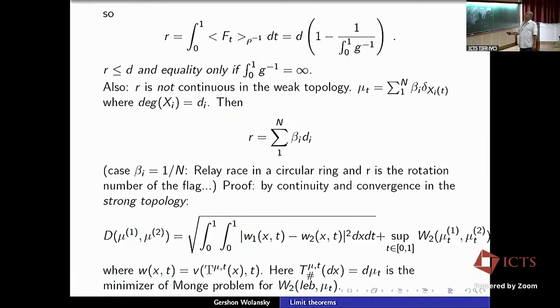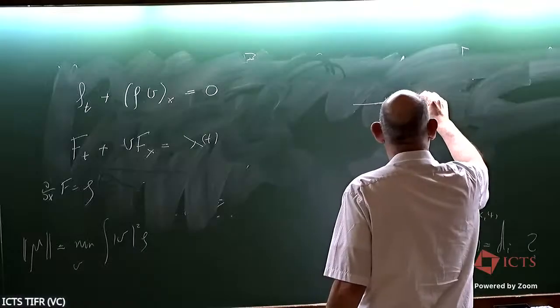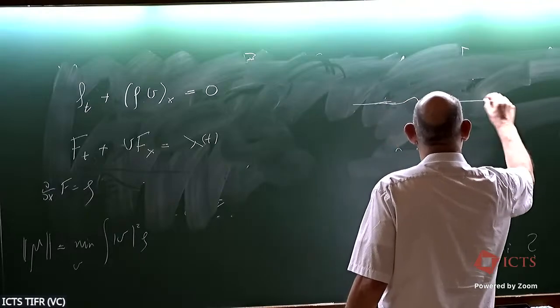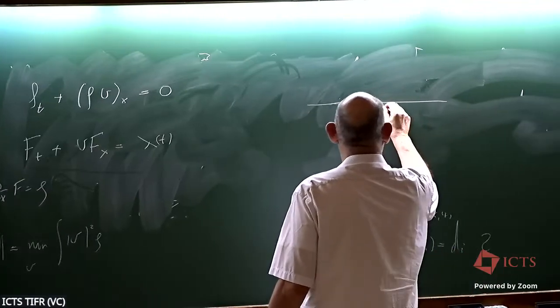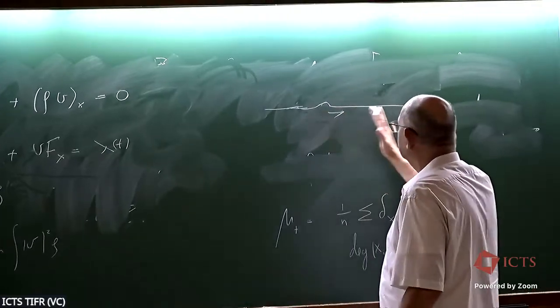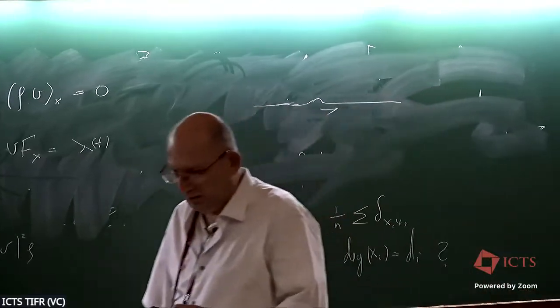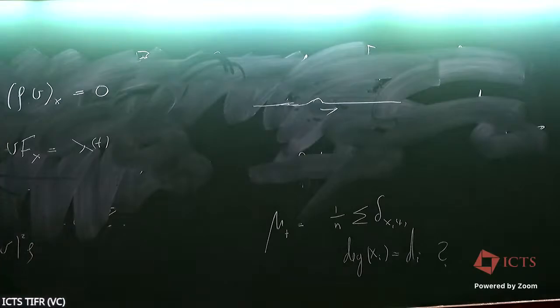So you see that when you have g which is positive everywhere, you get a smaller rotation number. For example, imagine g is almost uniform with a small bump, and this small bump moves with a fixed velocity.